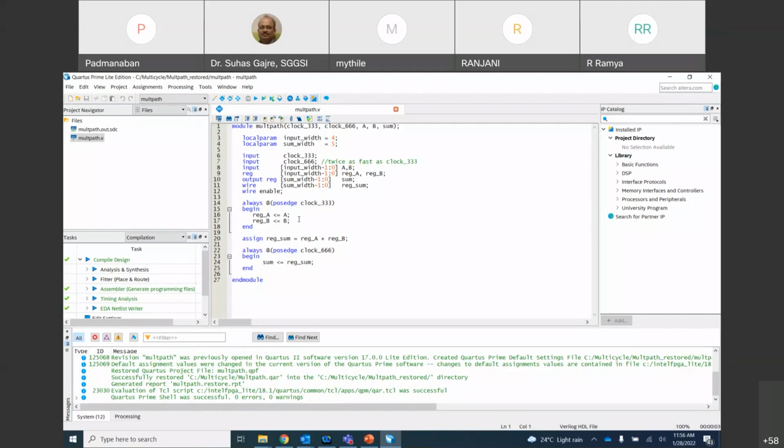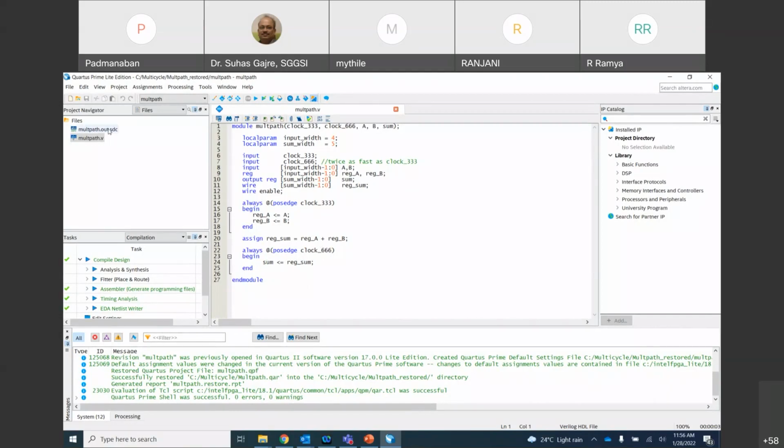Then definitely there would be a violation, because here you can see that it requires 2 clock periods to transfer the data from one flip-flop to another flip-flop. But what we are trying to do is make that work in the same clock cycle. So definitely we'll have issues in the timing analysis.